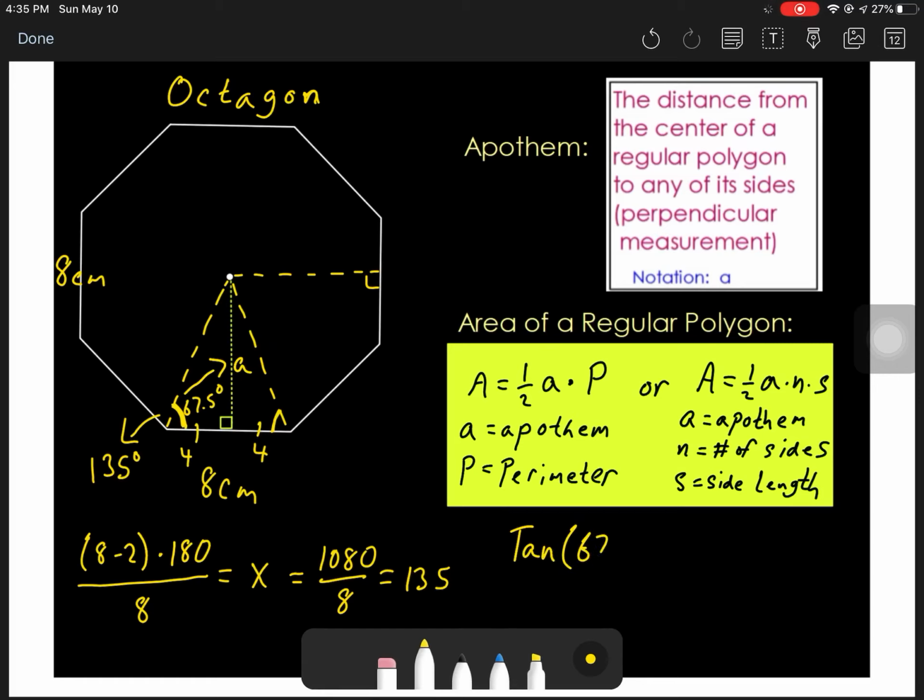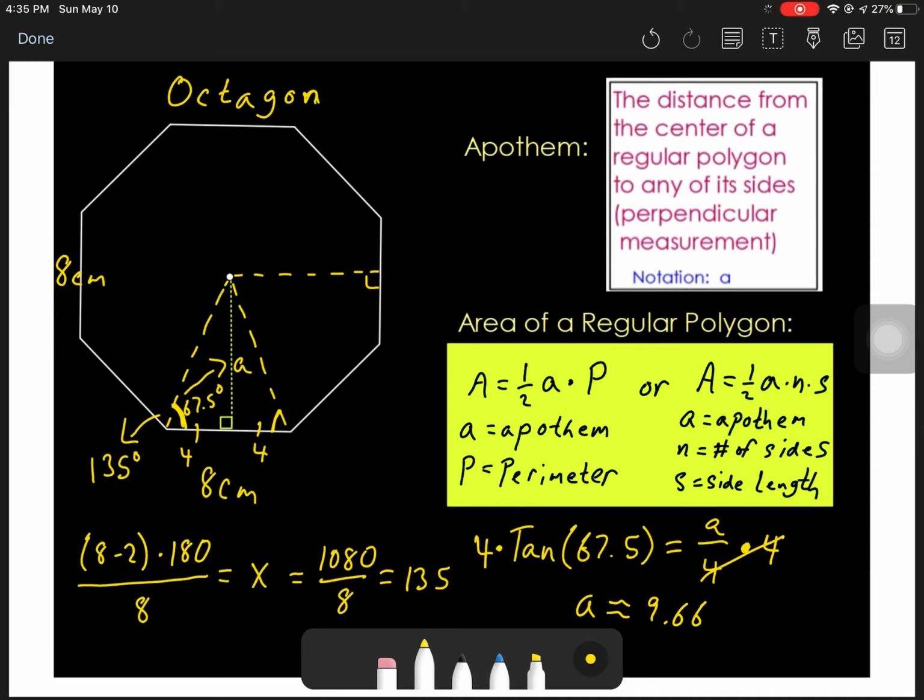So the tangent of 67.5 is equal to A over 4. Opposite over adjacent. To solve for this, you multiply by whatever is on the bottom. So type the tangent of 67.5 into your calculator. It's about 2.414, and then multiply that by 4. So A is approximately 9.66.